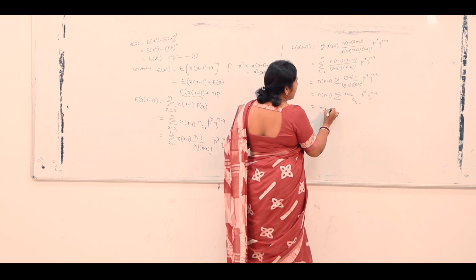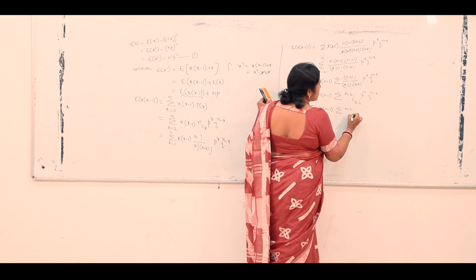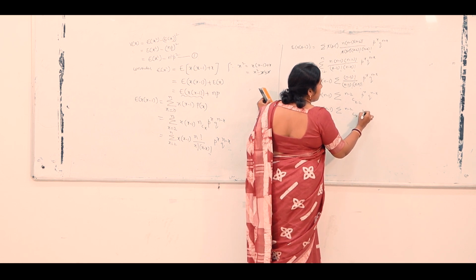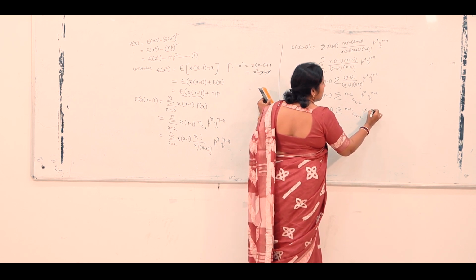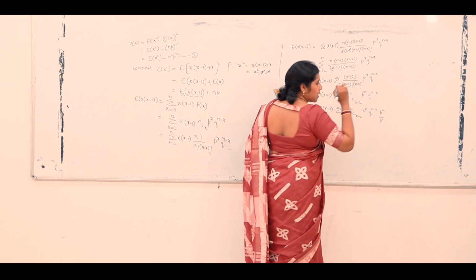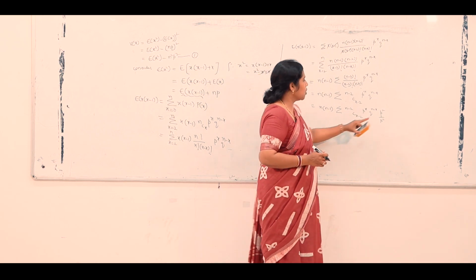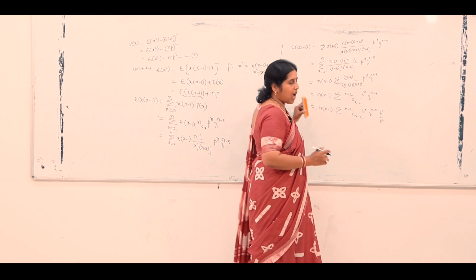So what will happen? n into n minus 1 summation n minus 2 C x minus 2 p power x q power n minus x, multiply and divide with p square. I want p power x minus 2, so the denominator term is required. The numerator is a constant, I'll write it outside.